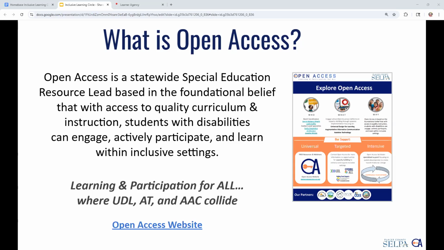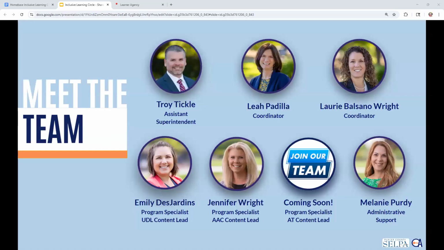And we believe what makes that really possible is when schools and districts can integrate universal design for learning, assistive technology, and AAC. And so we focus on providing professional development to schools and districts to really help in all three of those areas. Our website is linked on the home base document as well as in this slide, and we have a little one-pager about the services we offer. Please feel free to dive into that and email with any questions at all.